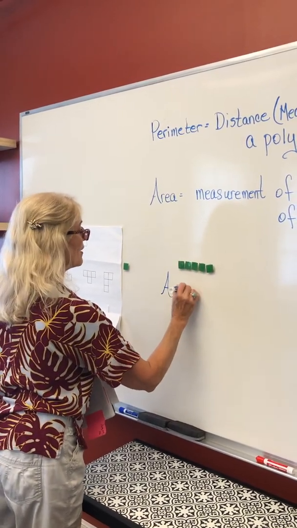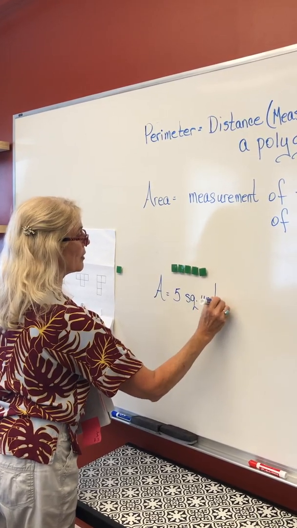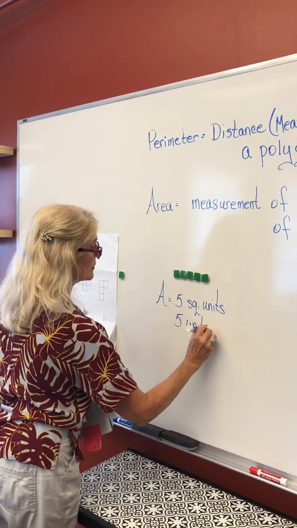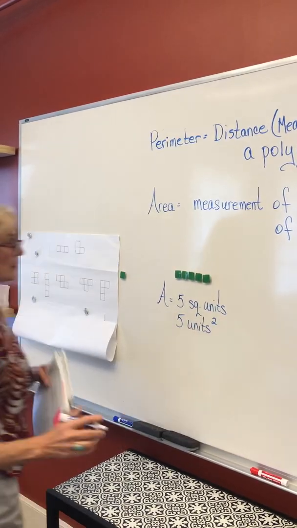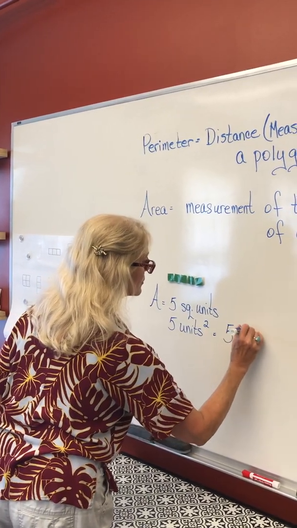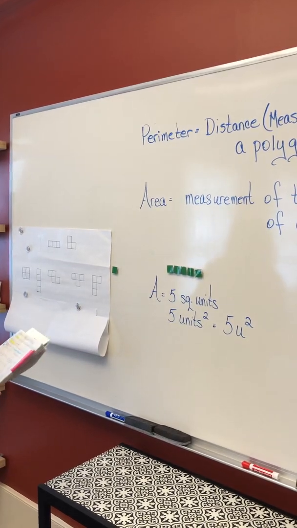So we have 5 square units here. We could also write that as 5 units squared, or it could be 5u squared, okay? Using some shortcuts that we like to do.